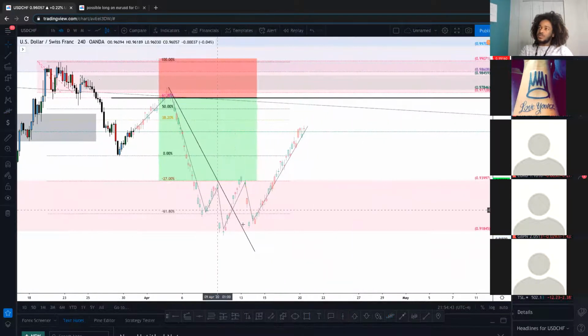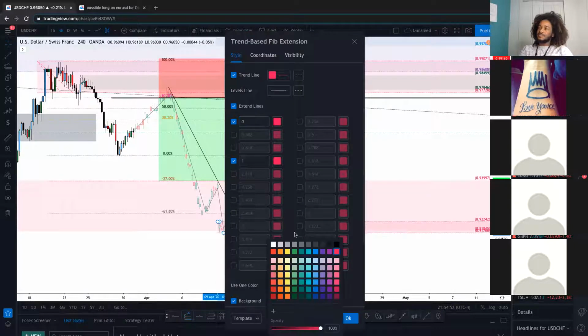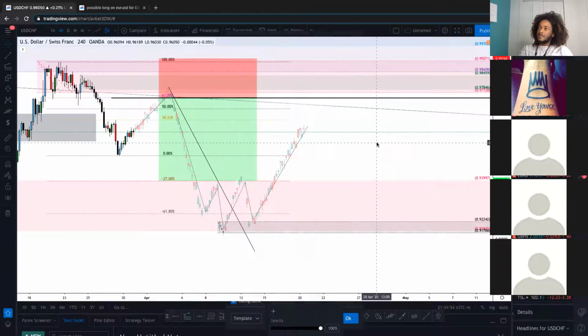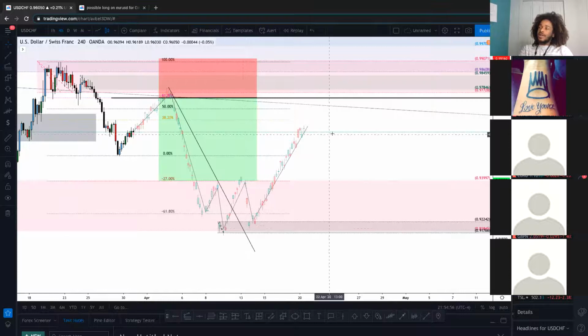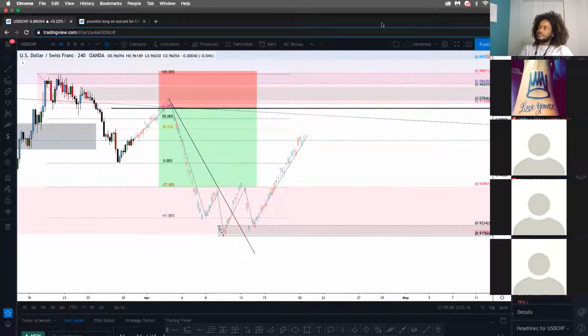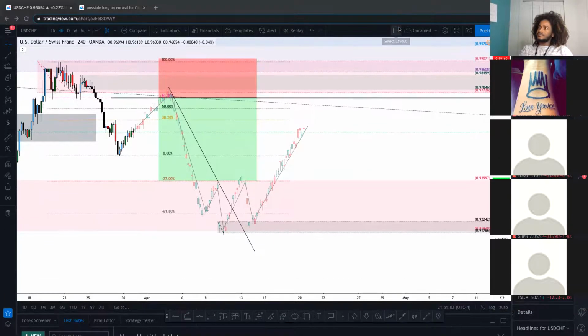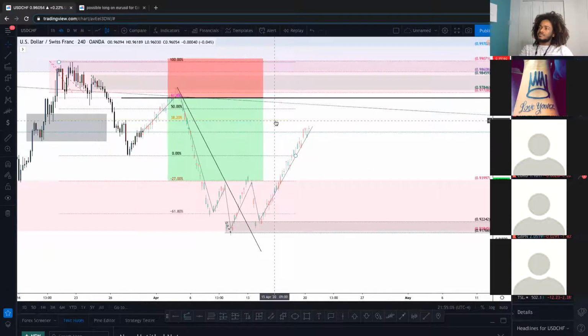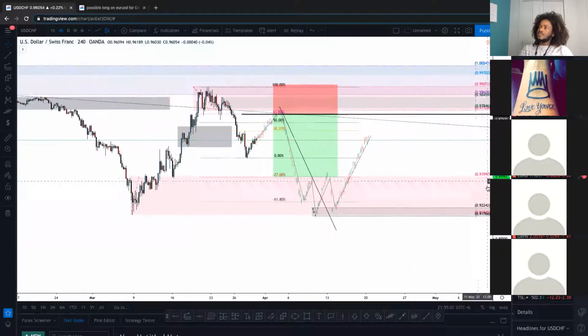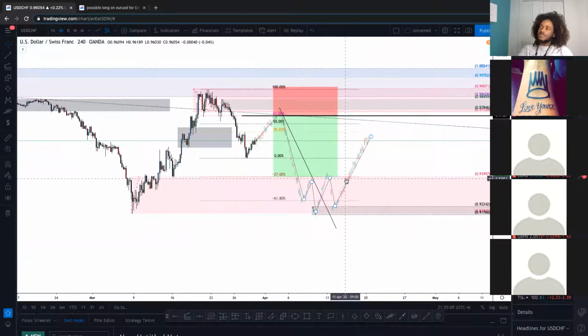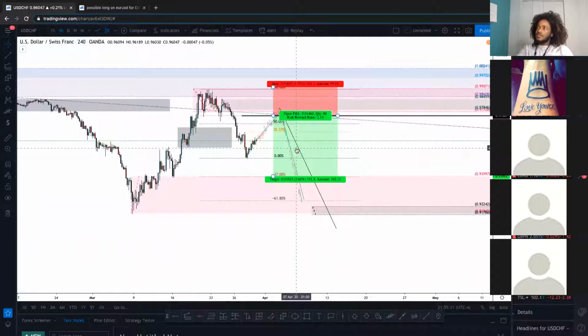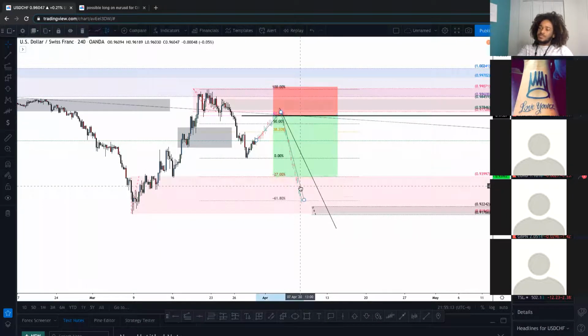You had a trend line break. So now you have fresh demand, lower time frame demand, and you could go long at that area, right? So yeah, the best place to enter USDCHF is to wait for the short.